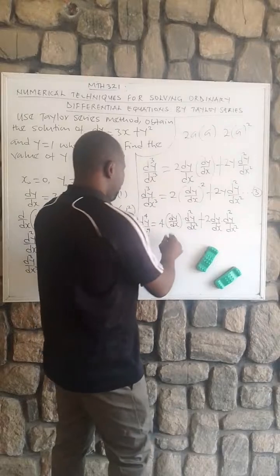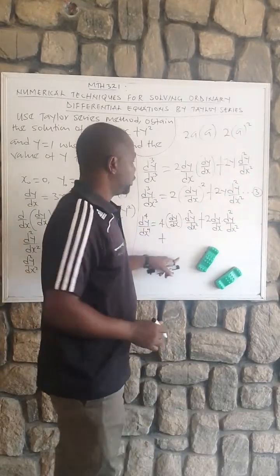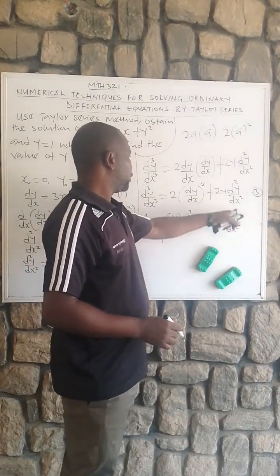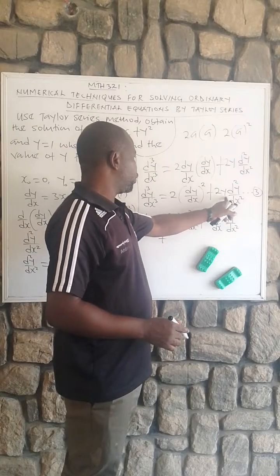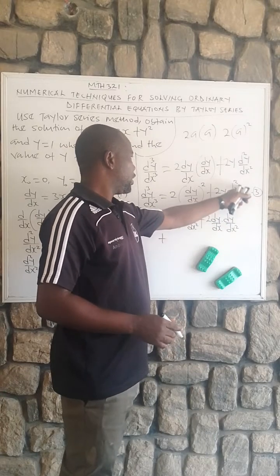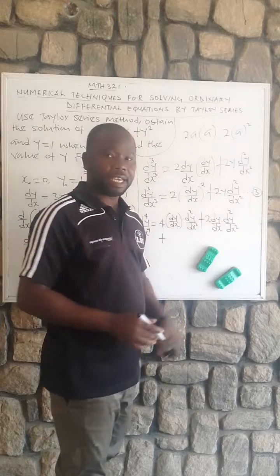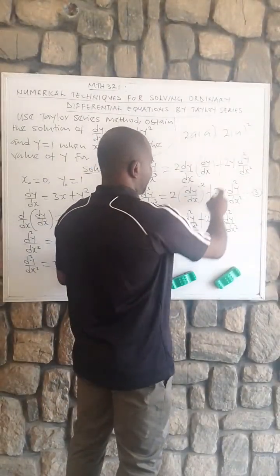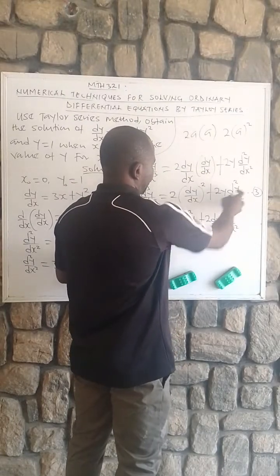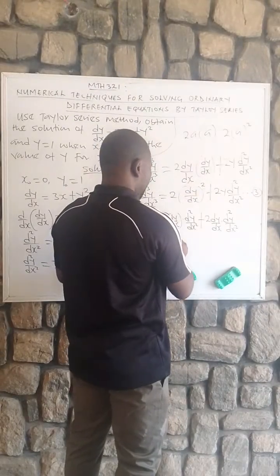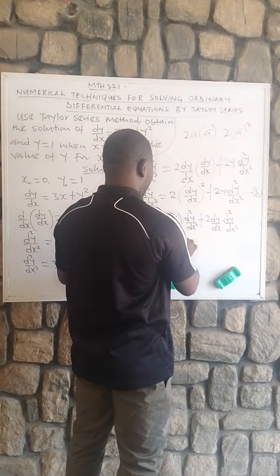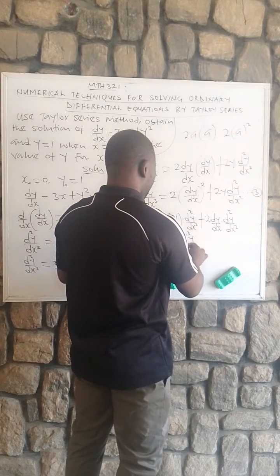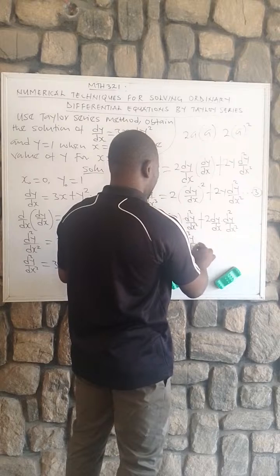Then plus we hold 2y, then differentiate d squared y over dx squared. This means we are going to have d cubed y over dx cubed. Use it to multiply, so we have 2y d cubed y over dx cubed.